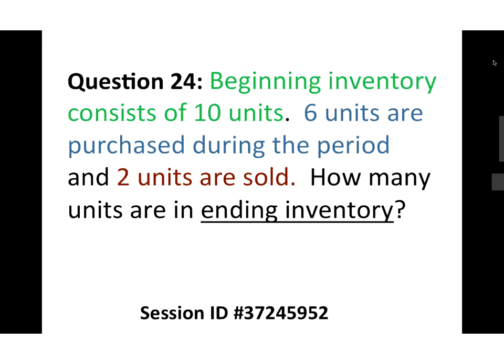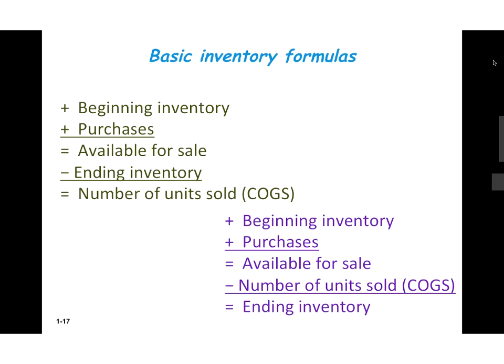I'm going to go back to here. So what we're doing, we're looking for how many units are in ending inventory. So what you're going to be doing is you're going to be applying this. You're given the number of units in beginning inventory, the number of units we purchased, minus the number of units sold will get you the number of units in ending inventory.